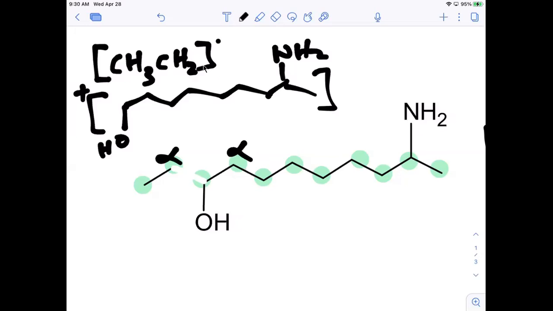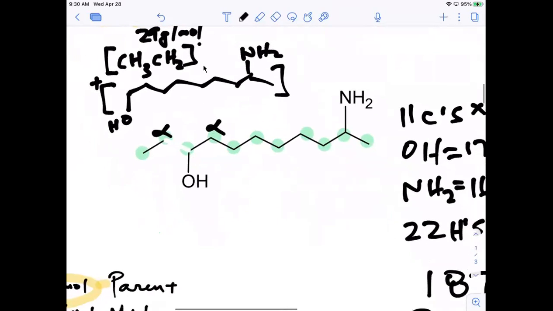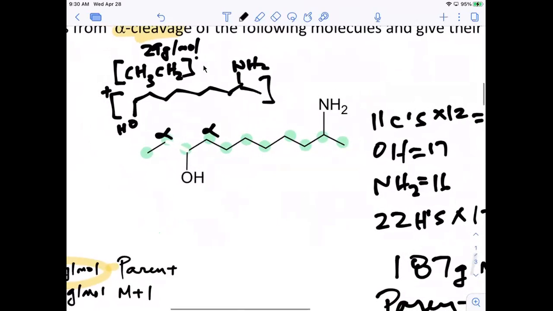So this CH3CH2 is 29, and that means the other fragment is what? It'll be like 159. 158.